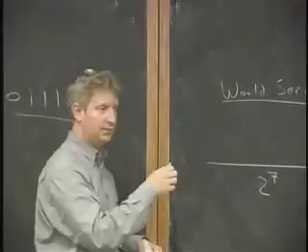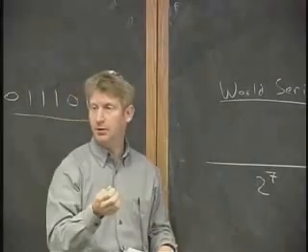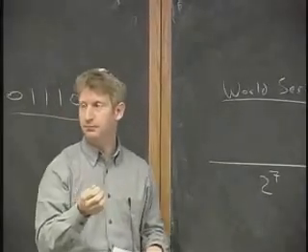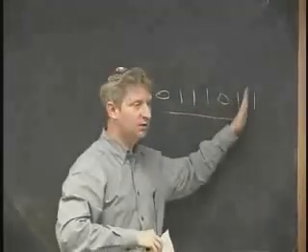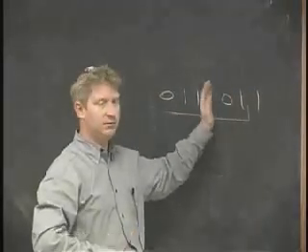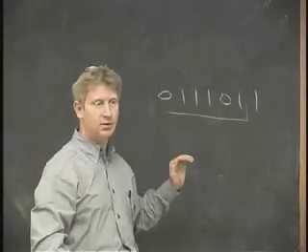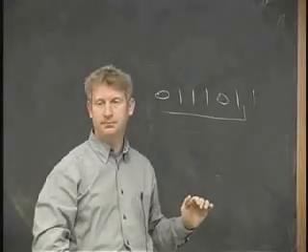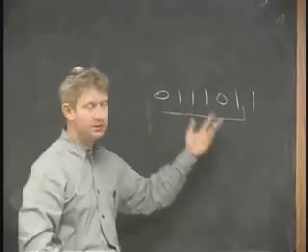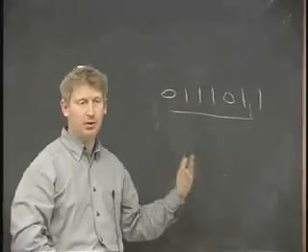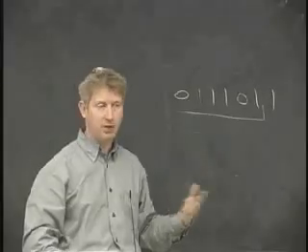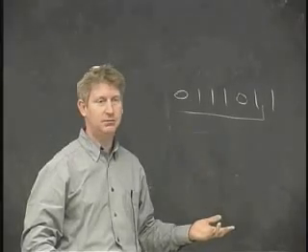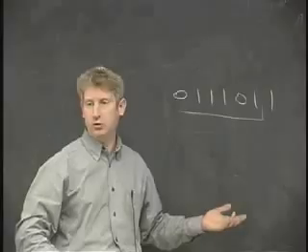6 choose 3. Is that it? How many different ways are there of taking 6 digits and putting 3 zeros and 3 ones in them? I got 3 choices for the ones, anywhere I want to put them. That's 6 choose 3. And when I'm done with that, I got no choices for the zeros.